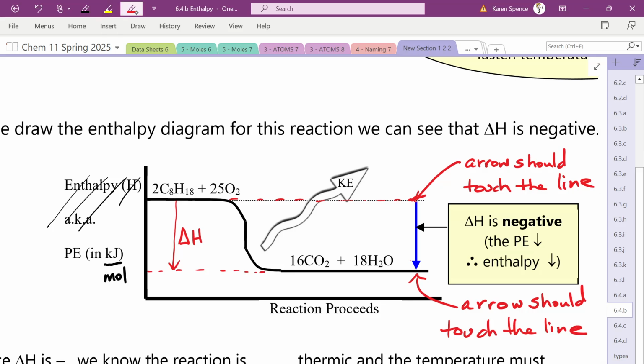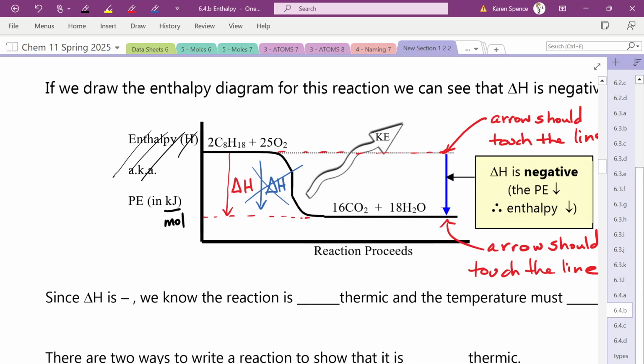I would not want to see this. Do you see the difference? So you want your delta H arrow to touch the line at the top and touch the line at the bottom, because otherwise you're like, oh, delta H is less than that. That's what it looks like. Yeah? Okay.